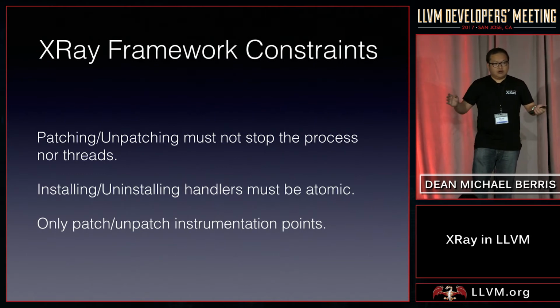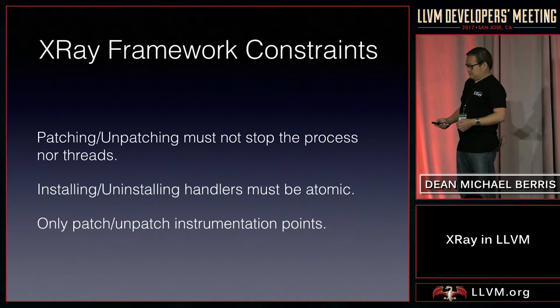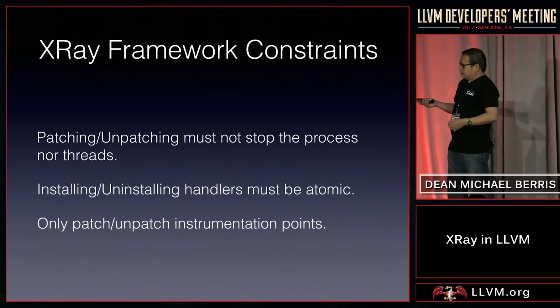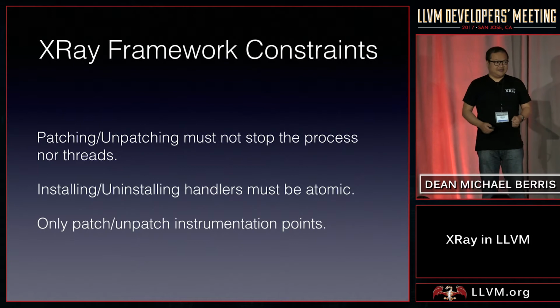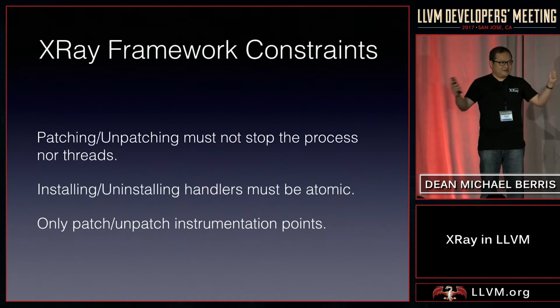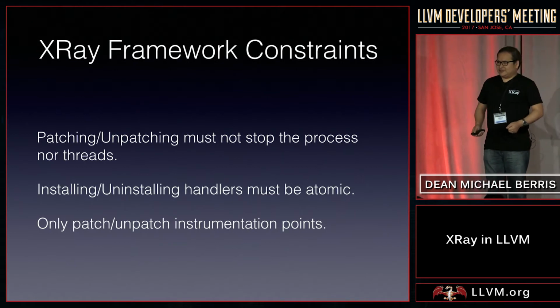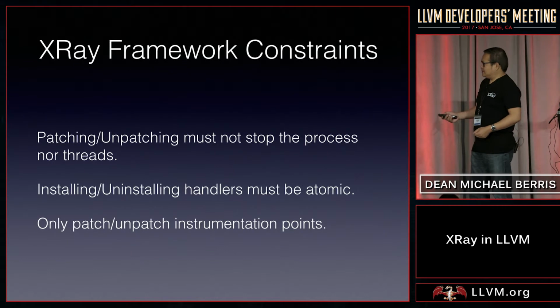And you want to be able to also turn it off atomically. So there are some interesting memory model tricks we need to play with that. We also want to only patch and unpatch instrumentation points, because the last thing we want is to let arbitrary stuff happen at any point of your program instead of just the instrumentation points. We're not in that business.